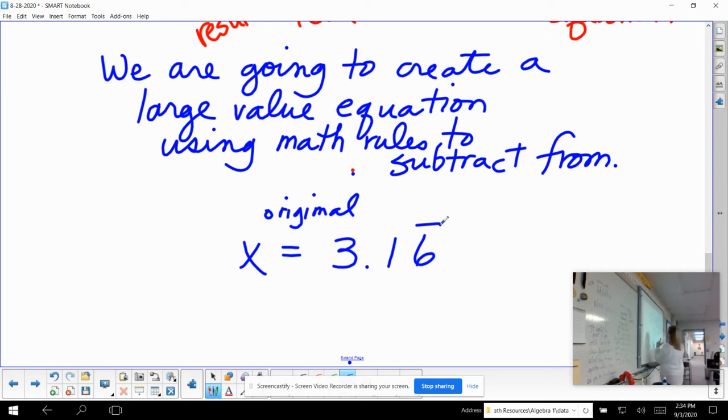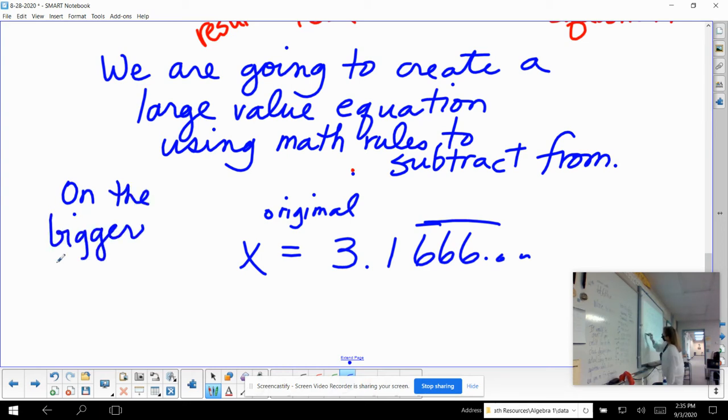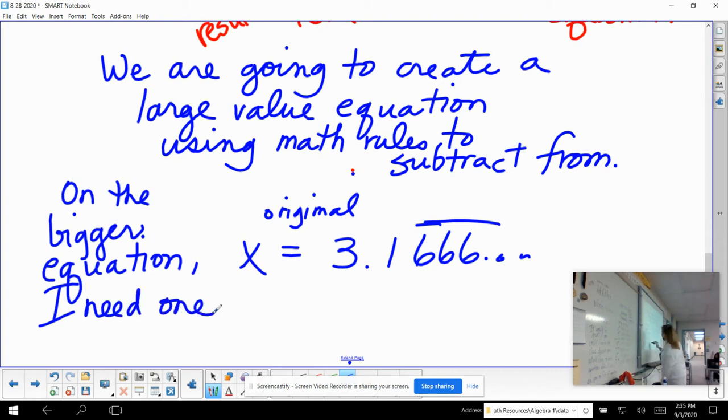Okay, so now, just remember there's endless amounts of 6s. So if I keep moving my decimal point, there's still going to be 6s on the right, until I eliminate them. So on the bigger equation, I need one repeater on the left.